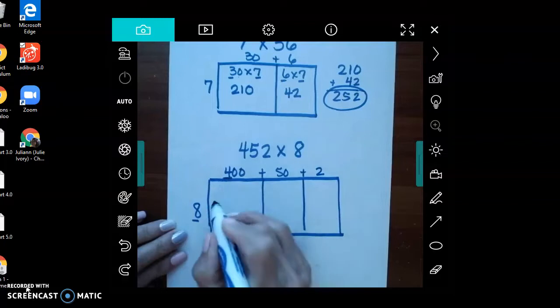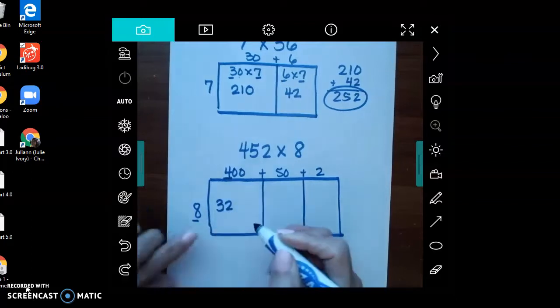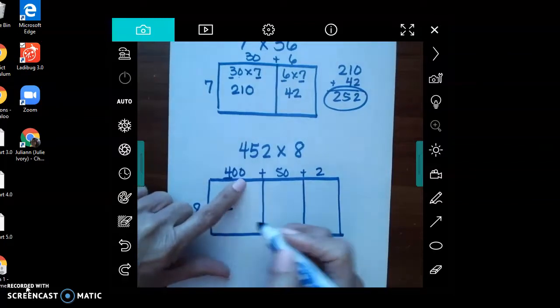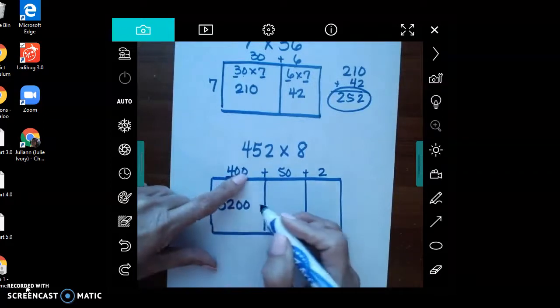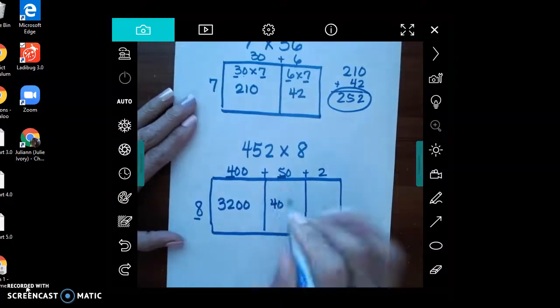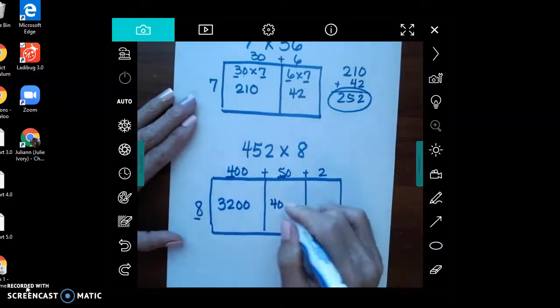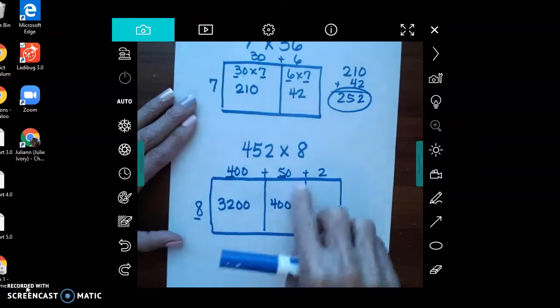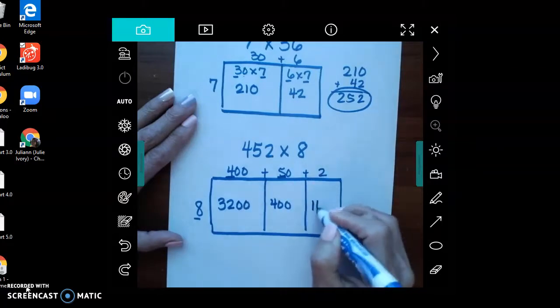8 times 4 is 32, and we will need to shift how many place values? 2. 8 times 5 is 40, and we need to shift 1 place value. And 8 times 2 is 16.